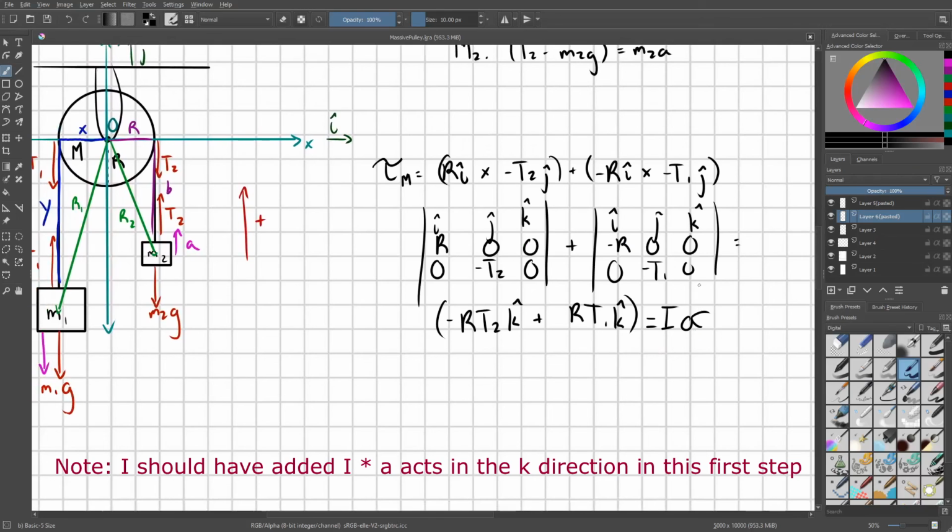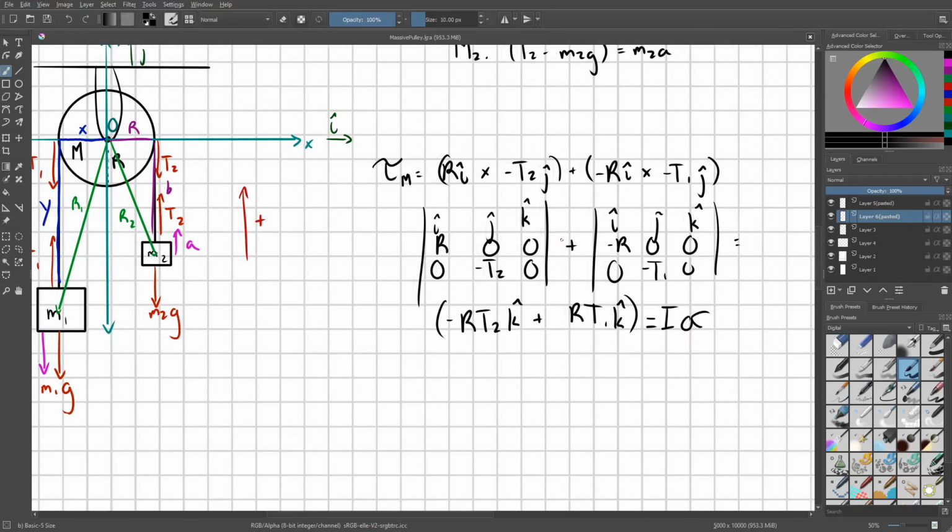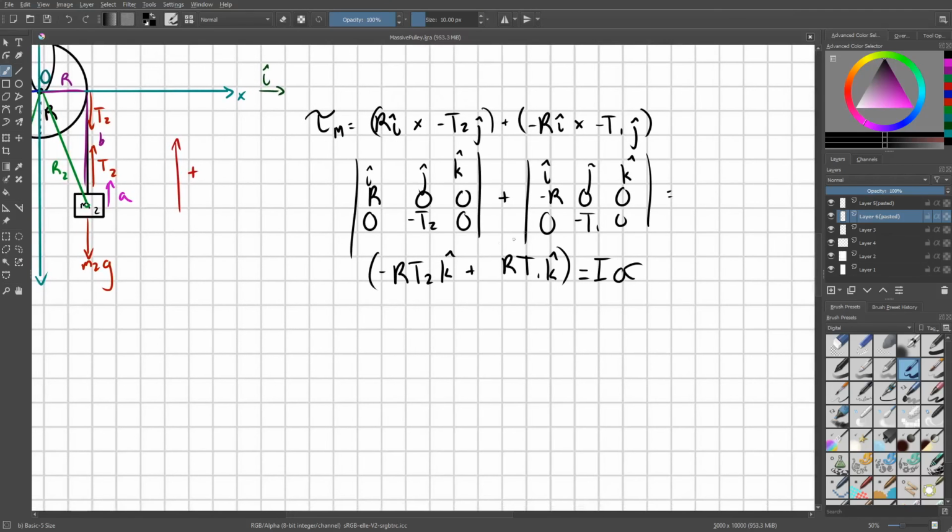Where I alpha is the magnitude of the torque on this object. So therefore, I'm going to go ahead and ignore the k-hat directions while we use algebra to tackle this. So RT1 minus RT2 equals I alpha.